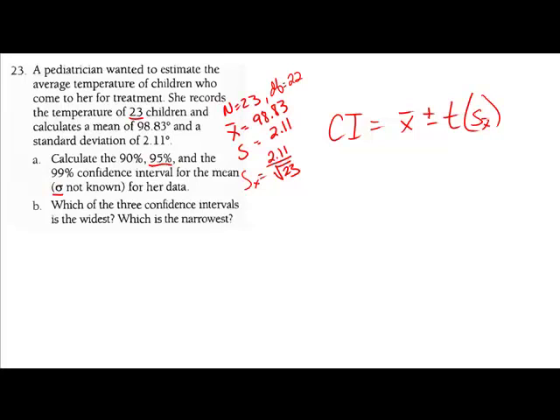Calculator. Square root of 23 is 4.79795. So let's make that 4.80. 2.11 divided by 4.80 equals 0.4395, so 0.44.